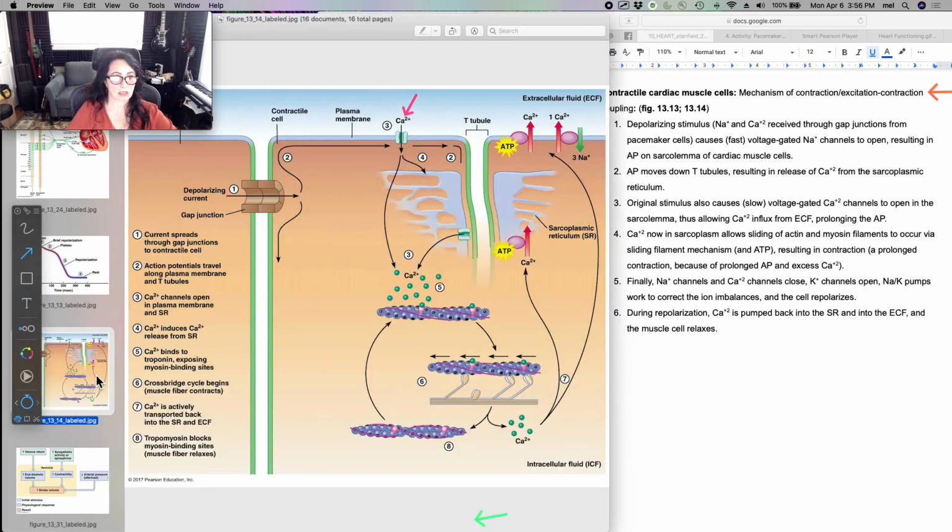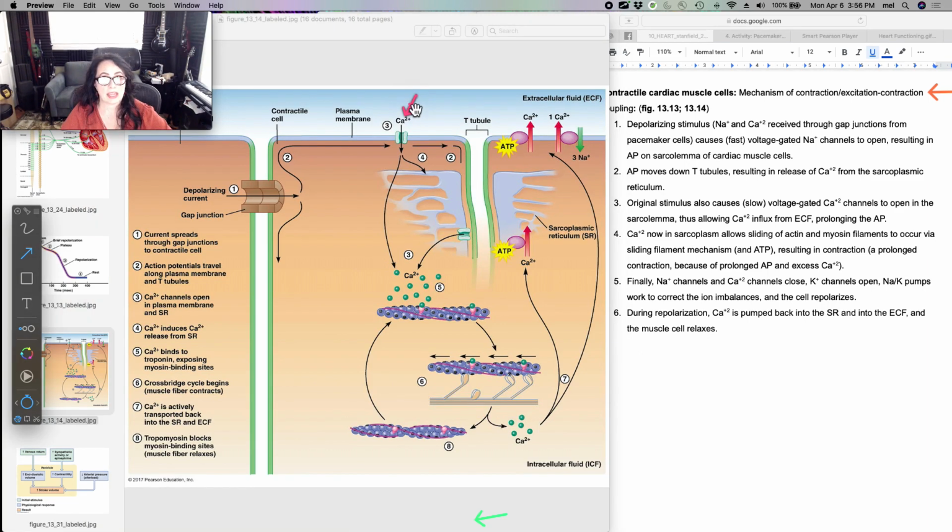Okay. Then that calcium and the action potential is going to keep going down the T-tubules. Calcium is now coming in from the extracellular fluid, but as you go down the T-tubule, that calcium is also going to be caused to be released from the sarcoplasmic reticulum.